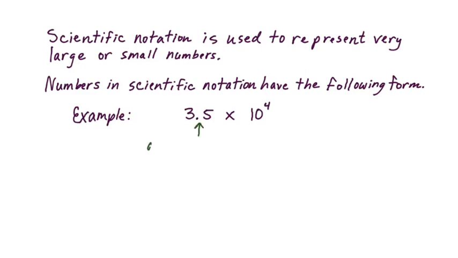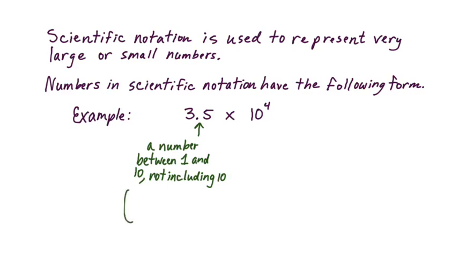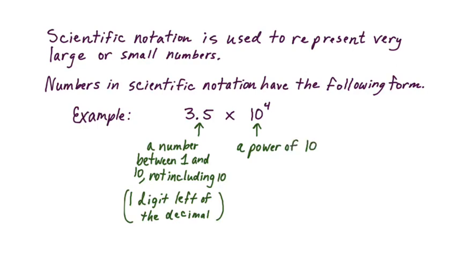The first number is going to be a number between 1 and 10, not including 10. Or the other way to think of it is, it's a number that has one digit left of the decimal. The other number is going to be a power of 10. All right, let's move on.